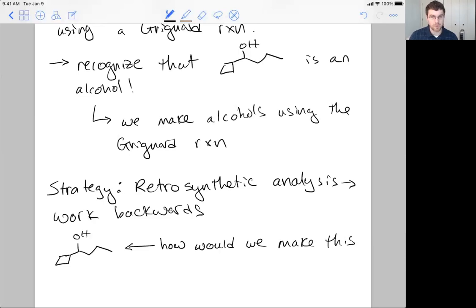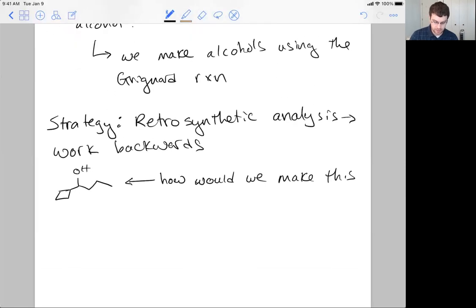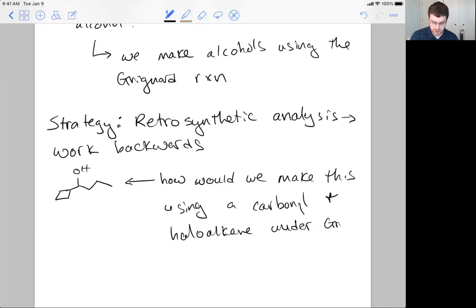Well, what we could recognize is that with an alcohol present, maybe we just combine some carbonyl and haloalkane under Grignard conditions. How would we make this using a carbonyl and haloalkane under Grignard conditions?